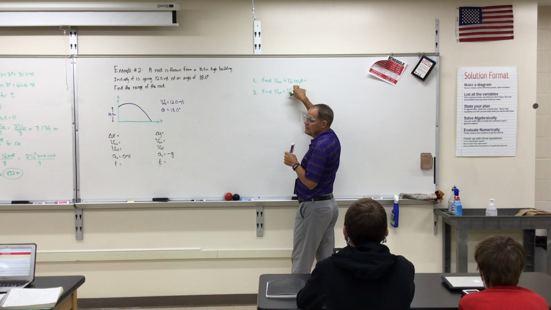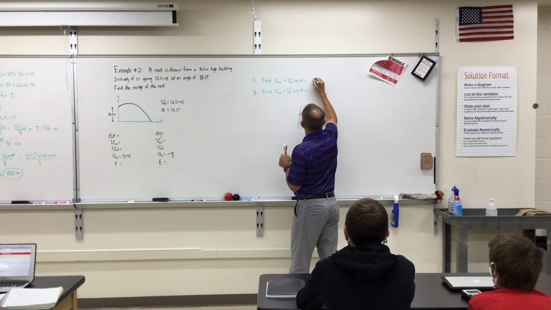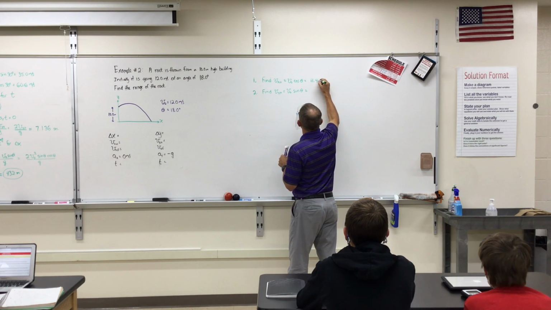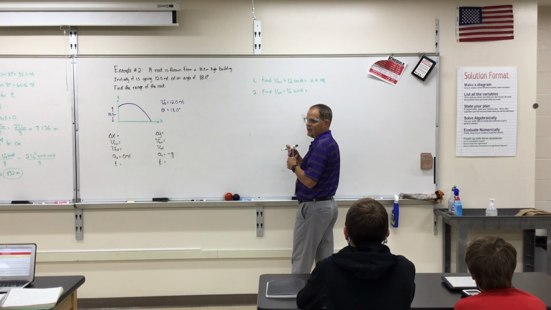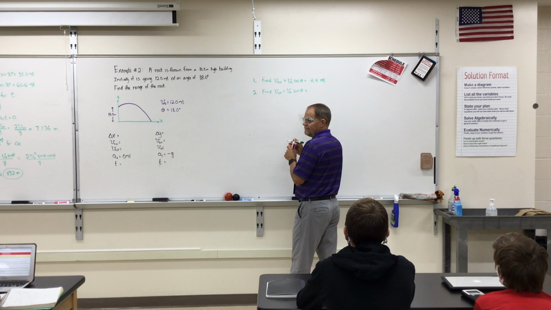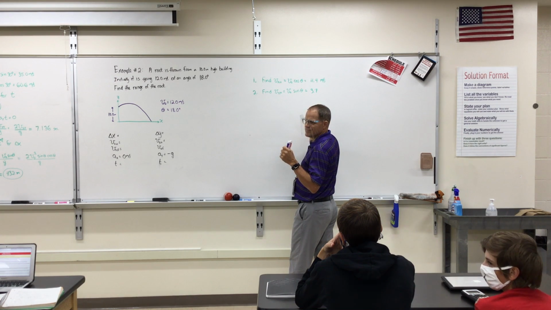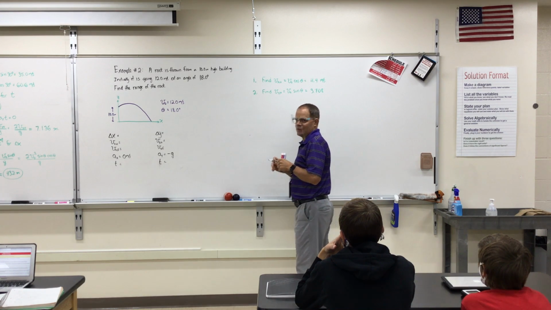I thought that was 120. 12 times the cosine of 18. 11.4. 11.4 meters per second is how fast it's moving horizontally. And vertically? Got it there, Elise? 3.7. 3.708. Okay. 3.708, just so we don't round too much.